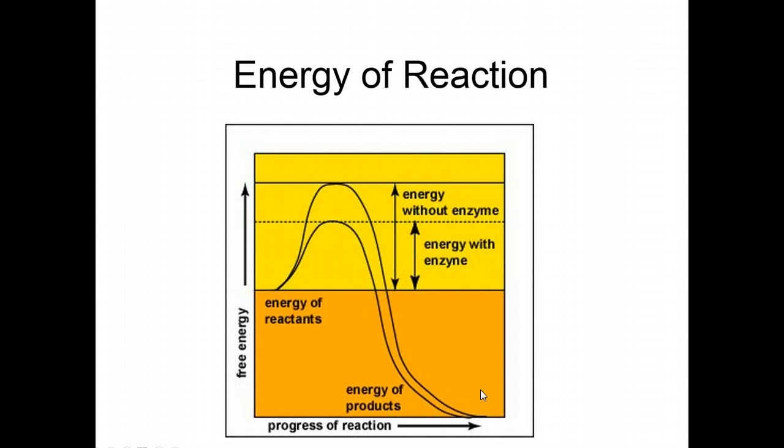And so the enzyme, to use the analogy, grabs the sucrose and bends it, so now it's much easier for that bond to break, as opposed to having a bunch of sucrose molecules in water banging into each other.